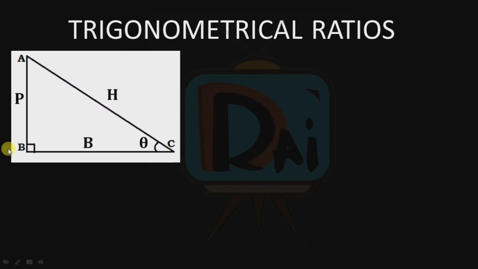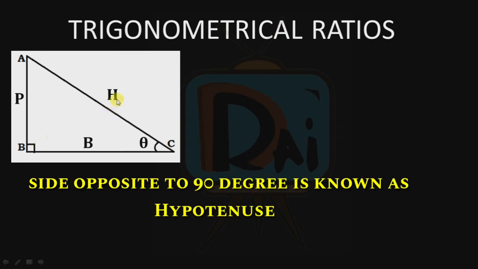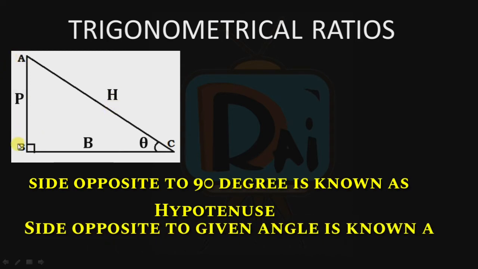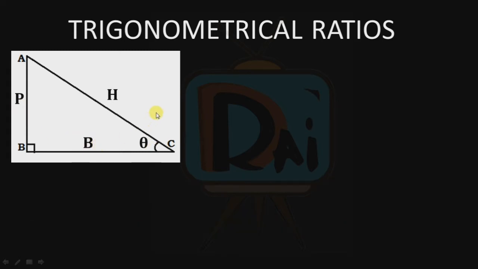Listen carefully. Side opposite to 90 degrees is the hypotenuse. Side opposite to a given angle is the perpendicular. Other side is the base.